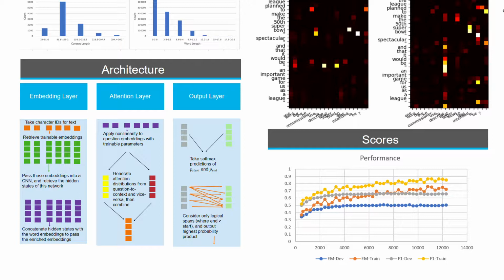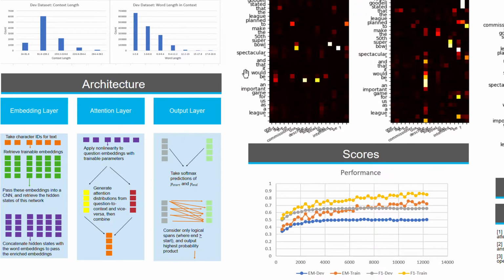So it was looking to maximize that product probability, and it was also restricted to only consider cases where j came after i, which is to say the span ended at or after it started, which is logical, but doesn't necessarily happen when j and i are picked independently to just maximize probability on their own distributions. And that was something we were seeing in the baseline and we knew about.